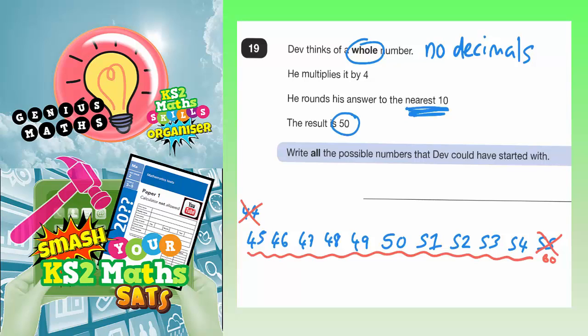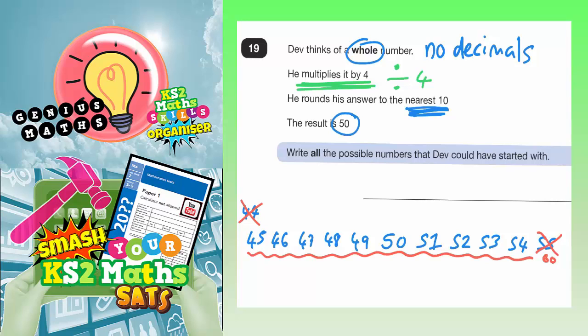So now we've got to think about this clue about multiplying by 4. Well, all of these numbers are the answer once you've multiplied this whole number by 4. So what we need to do now is do the opposite. If we were multiplying it by 4 to get these numbers, we'd have to divide by 4 to see what the whole number would be.